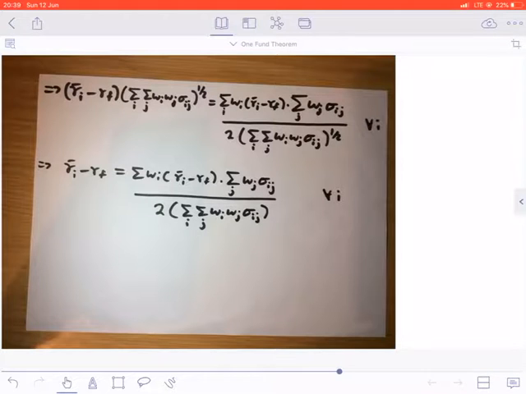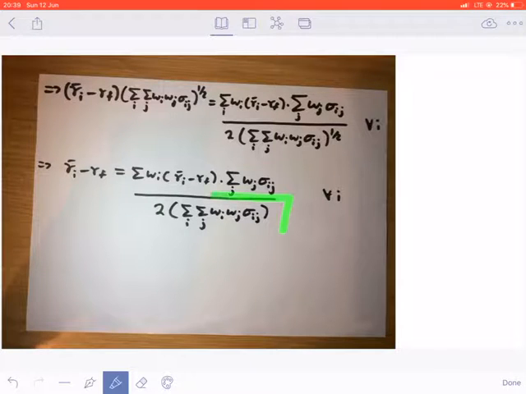So the standard deviation times the standard deviation gives you the variance, and then you have that equation over there. As you can see, you have Ri minus Rf as the subject of the formula.